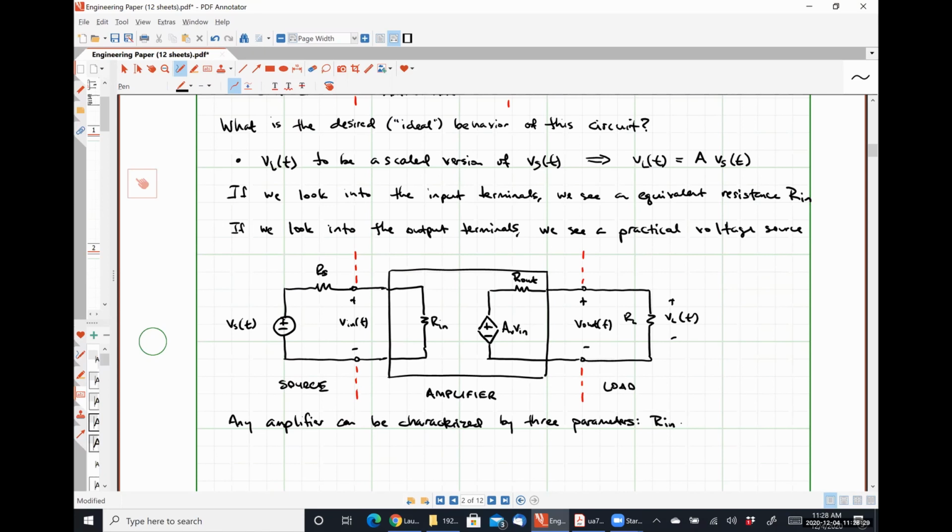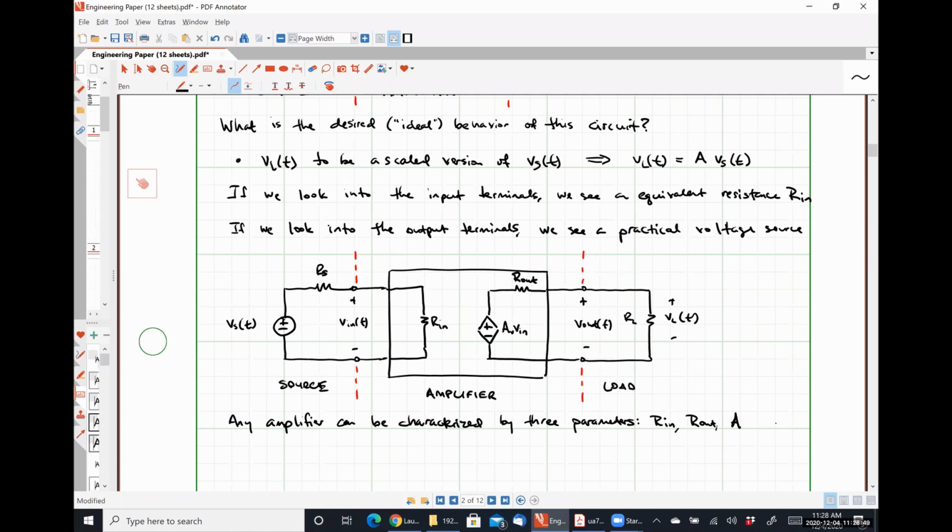The input resistance Rin, the output resistance Rout, and the gain A. So these 3 pieces of information are what we are going to use to analyze practical op-amp circuits.